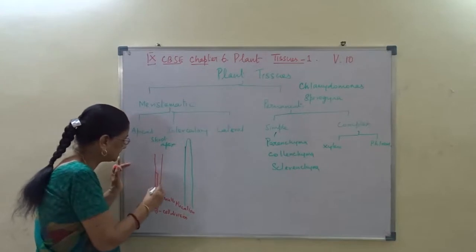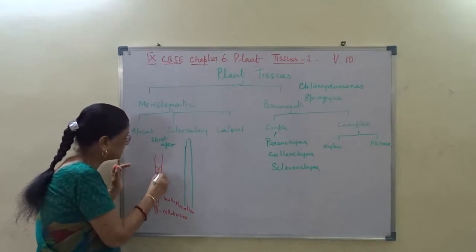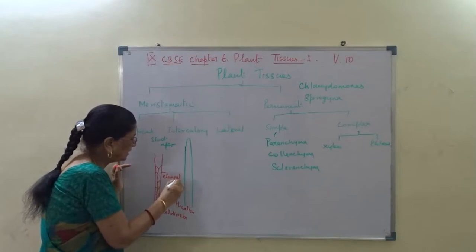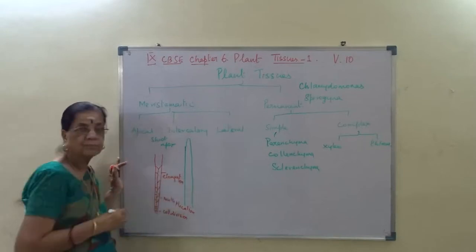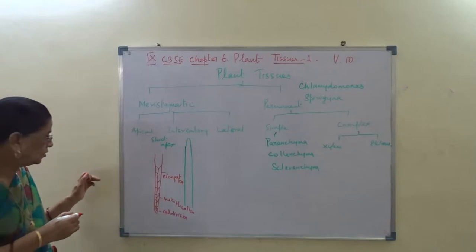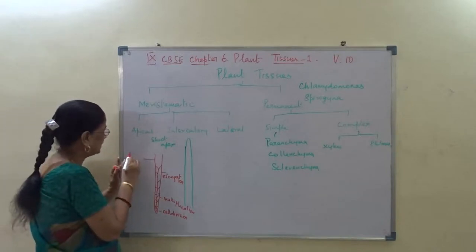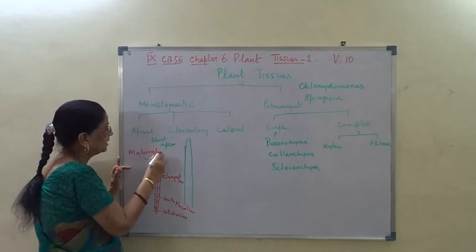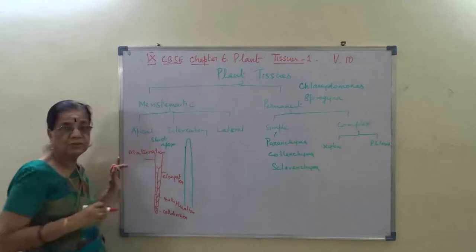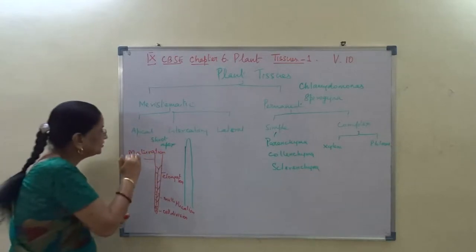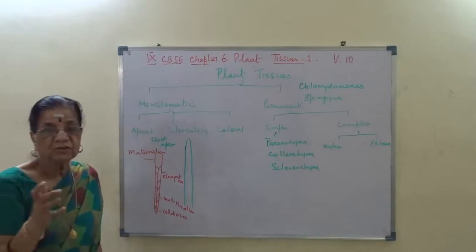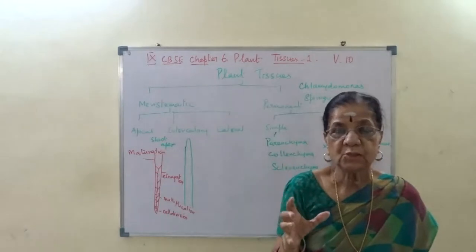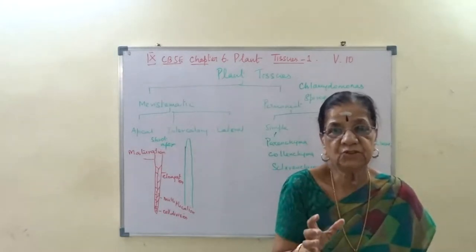Then as these multiply, they start elongating, that is the region of elongation, and then the region of maturation. So till this maturation, it is forming a young tissue that is called meristematic tissue.